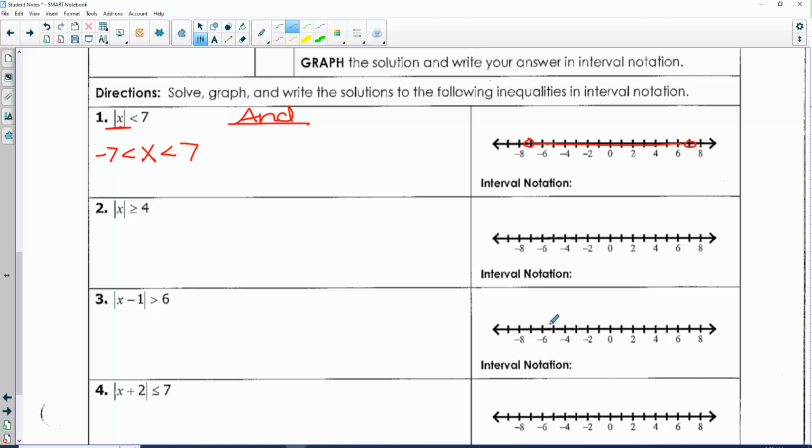All right, number 2. First question: is the absolute value on a side by itself? Yes, so we don't have to do anything special there. Next question: is this an and or an or statement? Or. So we need to rewrite this problem.